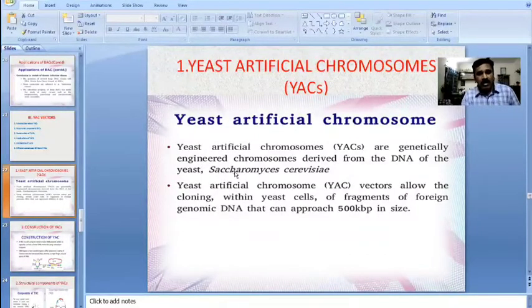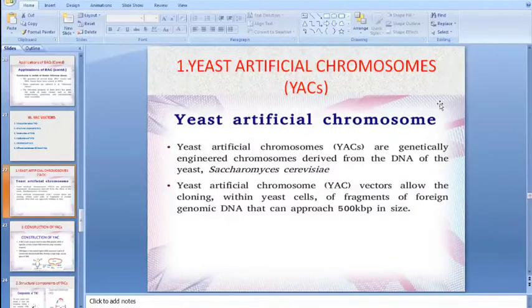This is the particular species used in the construction of YACs. Yeast artificial chromosomes allow the cloning, within yeast cells, of fragments of foreign genomic DNA that can approach at least 500 kilobase pairs in size. That is larger than the BAC vectors.